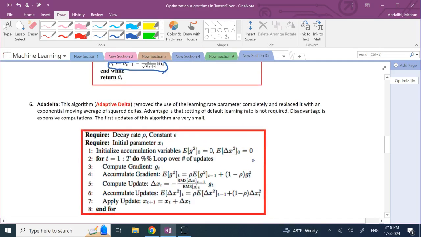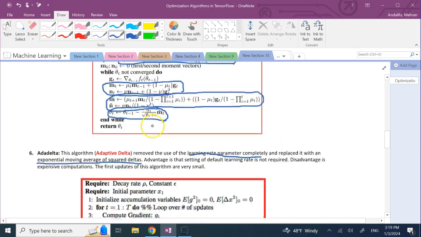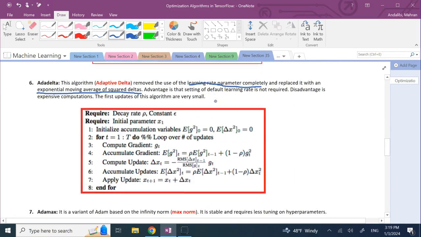Then we have AdaDelta, or the adaptive delta method, which basically, instead of the idea of a learning rate, replaces it with an exponential moving average of squared deltas, which is basically the same as these previous ones. The thing is, you don't need to put a default learning rate for it.